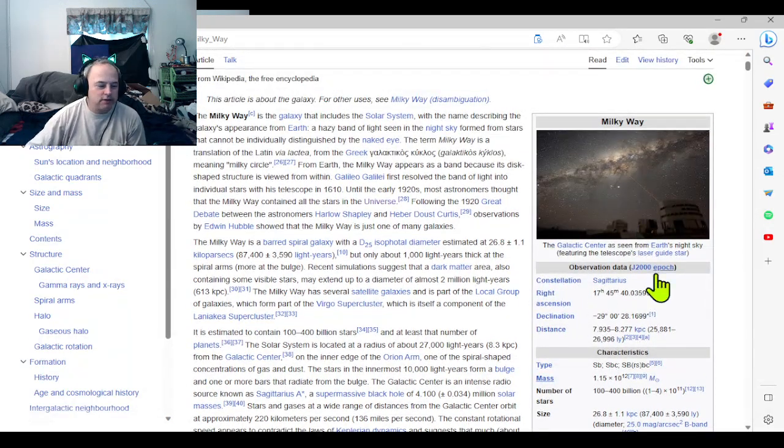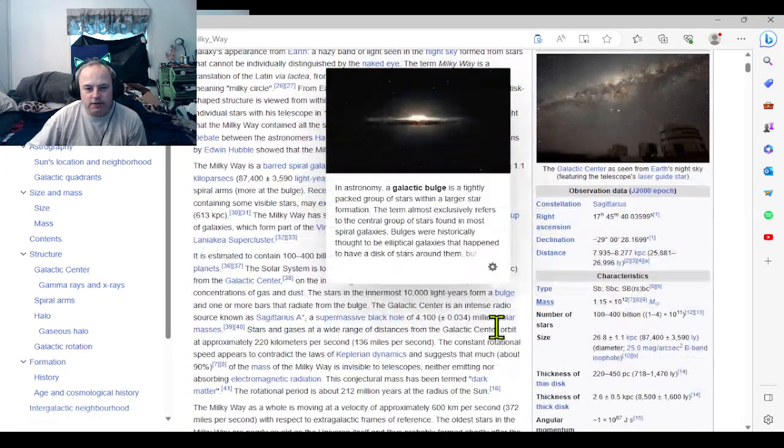Our entire solar system weighs about 1 solar mass. So if you have 1.1 trillion of our suns all together, that's a pretty heavy mass.